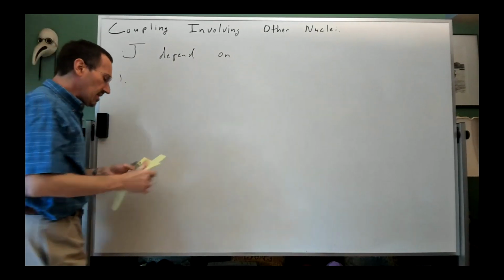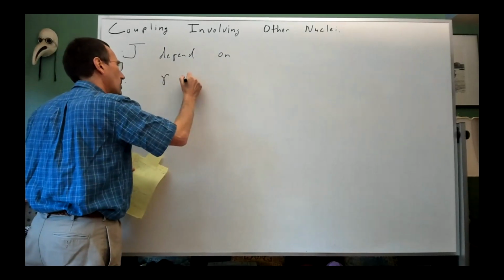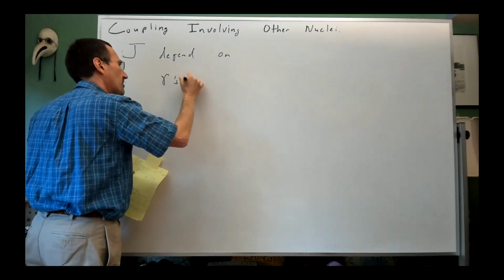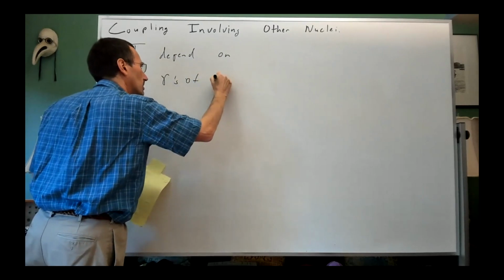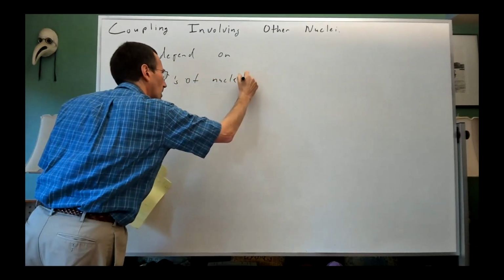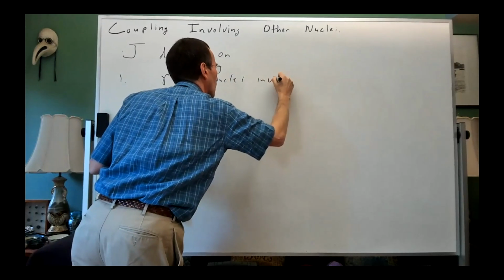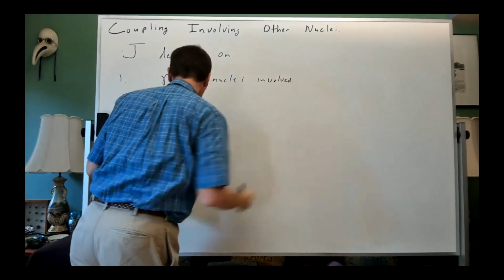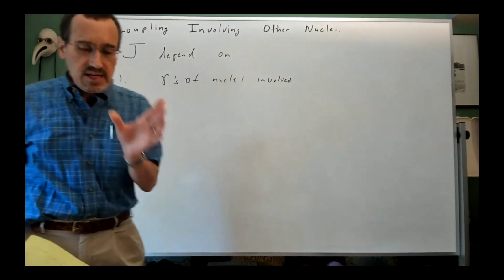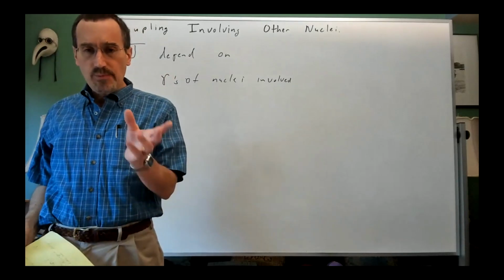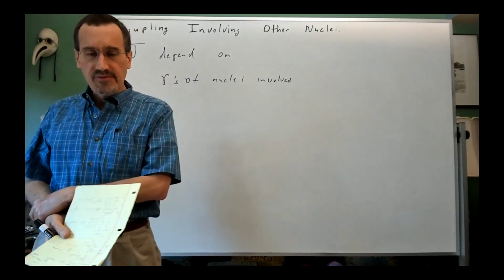One of them is the magnetogyric ratio of the nuclei involved. In general, remember, the size of the nuclear dipole determines its magnetic effects.